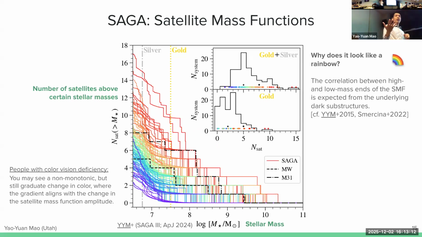That is actually a prediction from N-body simulation. If I plot this in terms of subhalo mass of the dark matter rather than stellar mass, that is a very strong prediction from N-body simulation that a system with massive satellites is more likely to have massive subhalos, and more subhalos in total. So the fact that you see this gradient in the stellar mass space is saying that galaxy formation does not completely erase the information from the N-body simulation.